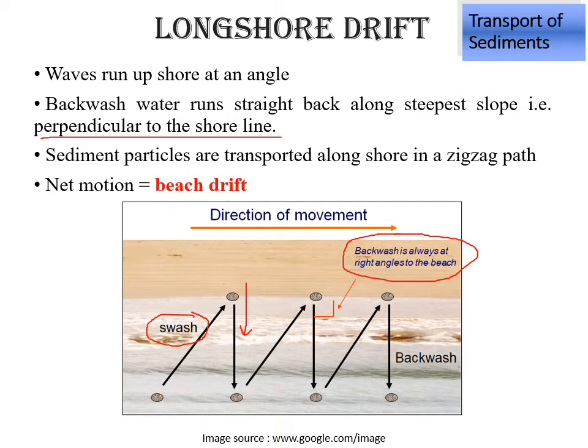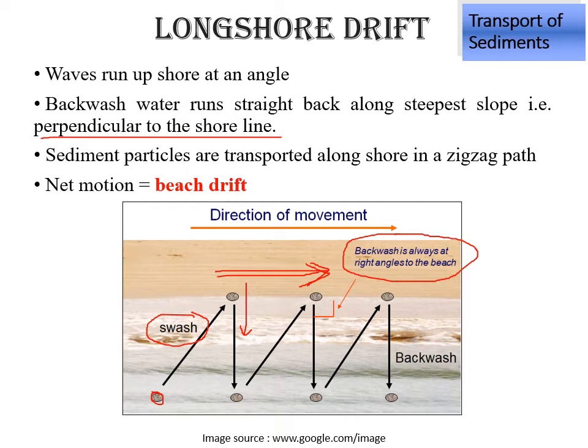So in this way, in repeated swash and backwash, a grain basically moves parallel to the shoreline. So this is the net movement of the grain, and you can see that this net movement occurs exactly parallel to the shoreline or the coastal area.